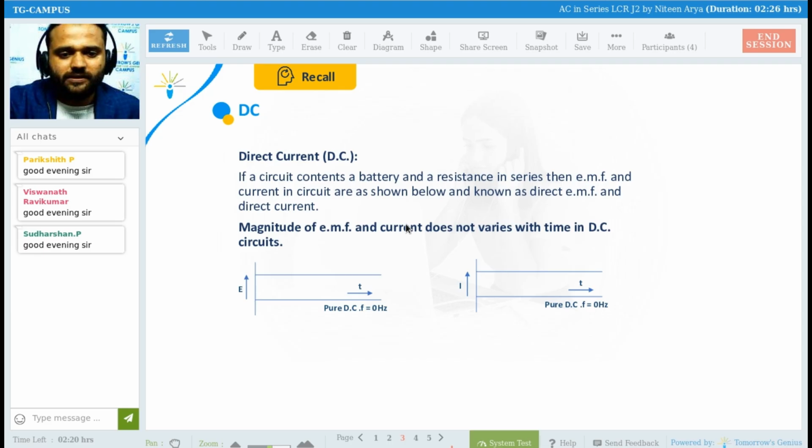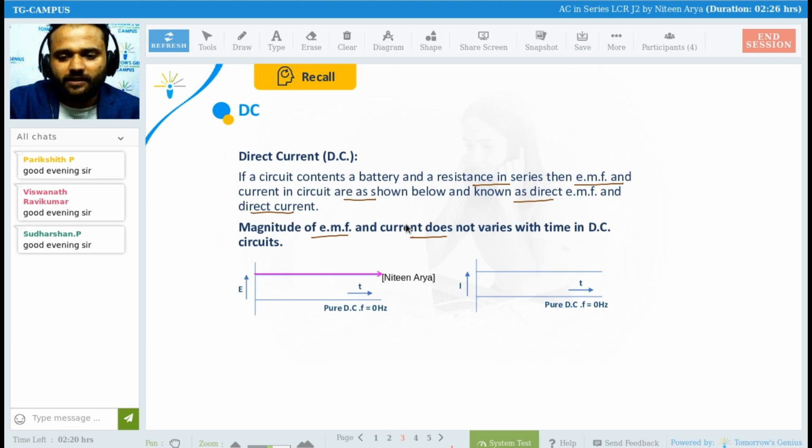So DC, everyone knows: if a circuit contains a battery and a resistance in series, then the EMF and the current in the circuit are as shown below and known as a direct EMF and direct current. The magnitude of EMF and current does not vary with time in DC circuits. So that is your DC EMF, or you can say voltage, and that is your DC current.